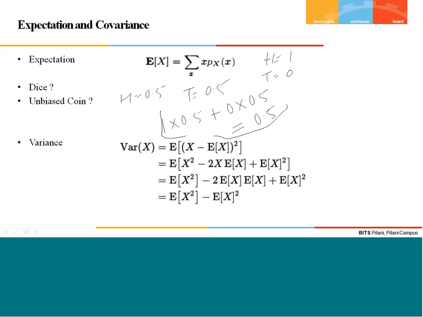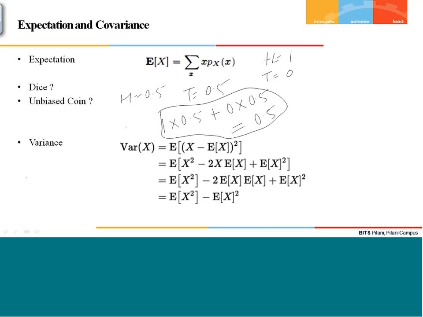This is the expectation. Expectation is nothing but, on average, what you will get. So if I toss a coin 1,000 times, what is the expected value that I get? The expected number that I see is 0.5.